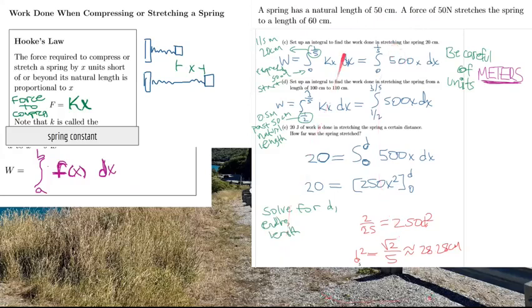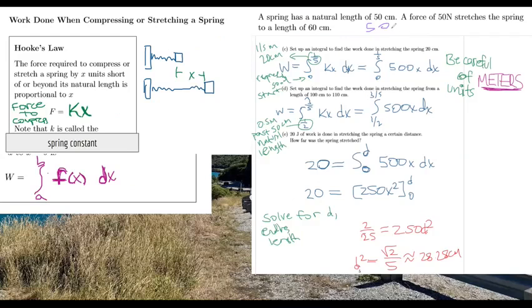It doesn't say that there, but that's what it should say. They might ask you to find it by telling you something else, but that's only in a more complicated problem. So we're going to say that the spring constant is 500.